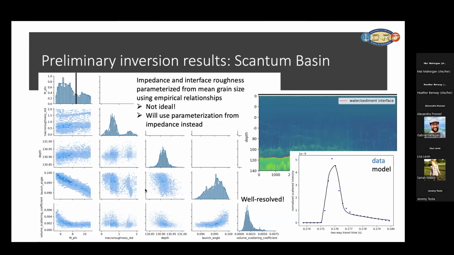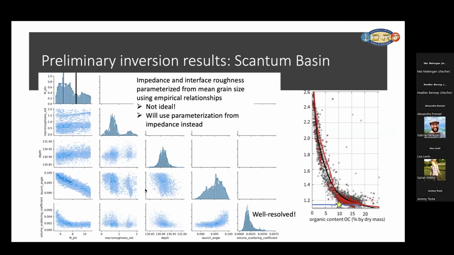This here, MV, is the mean grain size, which we've parameterized in a funny way because it's what's been done in the literature, but we're going to change it. This mean grain size folds together impedance and interface roughness, when they're not necessarily perfectly correlated. So that's something we need to do better.